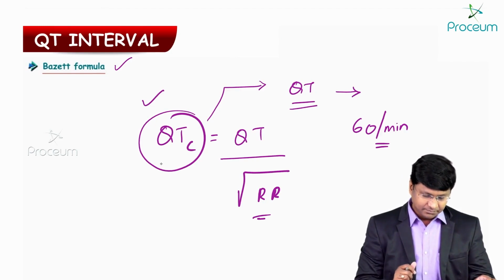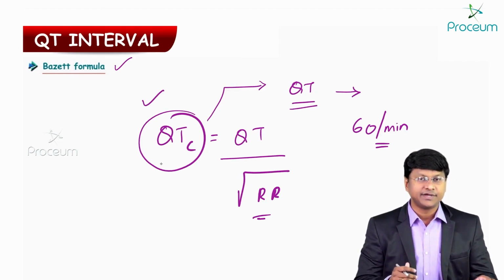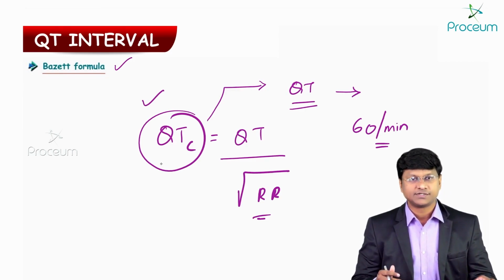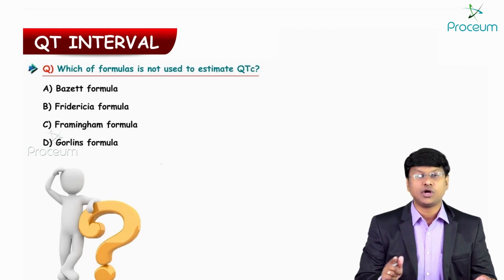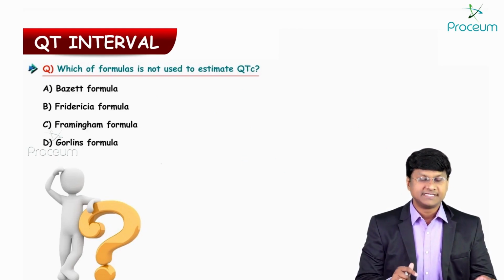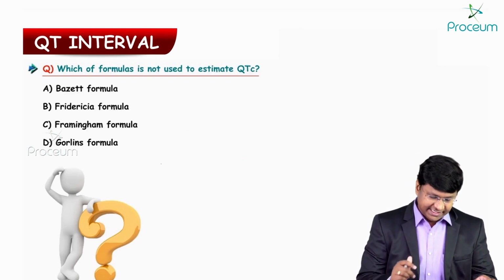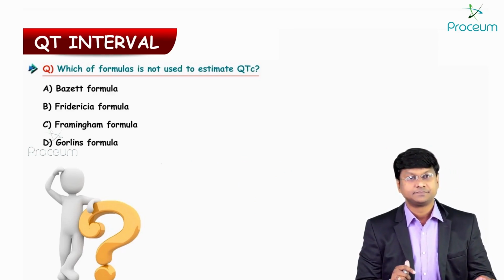Okay. Now, for measuring the corrected QT interval, we have various formulas. Which of the following formulas is not used to estimate the corrected QT interval? Bézet formula, Fredericia formula, Framingham formula, Gorlin's formula.